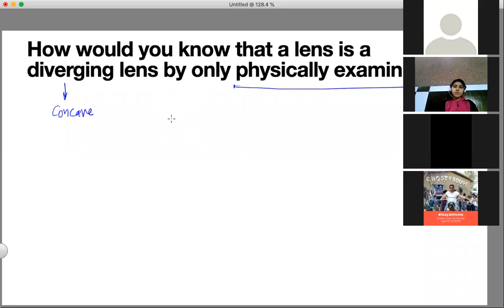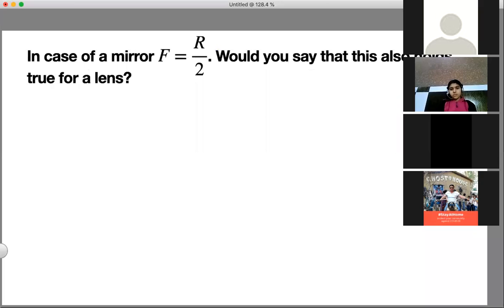It would be thin from the center. Yes. Okay, so the lens would be thin in the center and thicker at the peripheries. Thin in center, thicker at the periphery. Okay, और convex में उल्टा.